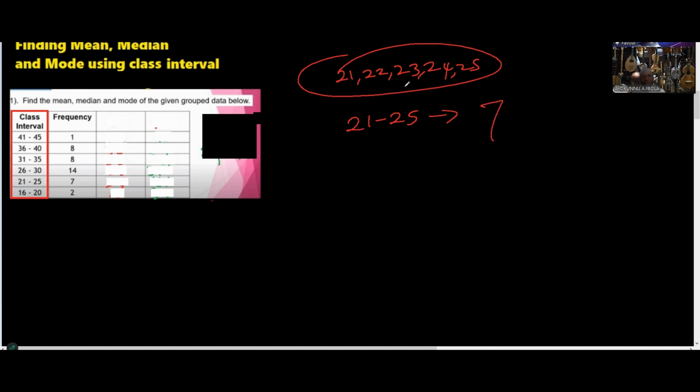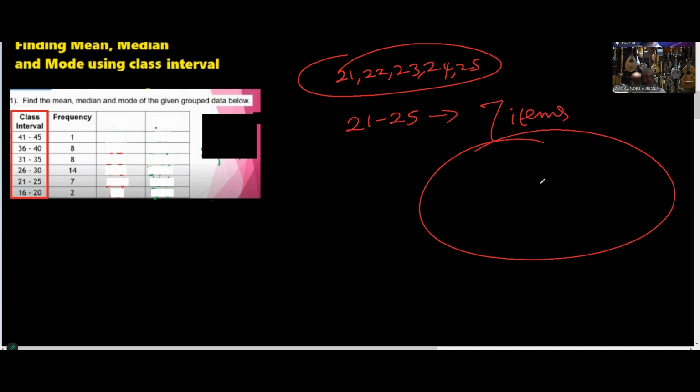All of them could be 21, all of them could be 22, 23, 24, or 25, or it could be a mixture of those numbers that make the seven items. So in a large set of numbers that we were given, all those numbers that exist between 21 and 25 are just seven pieces.